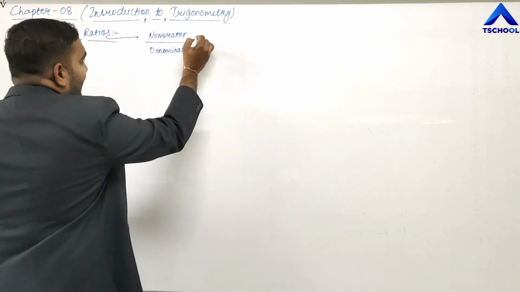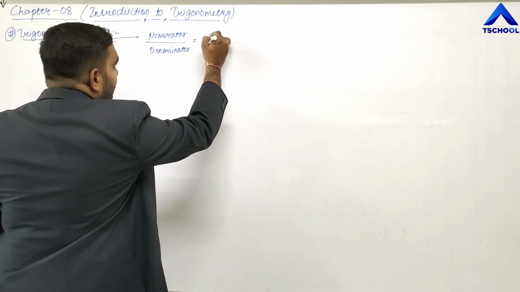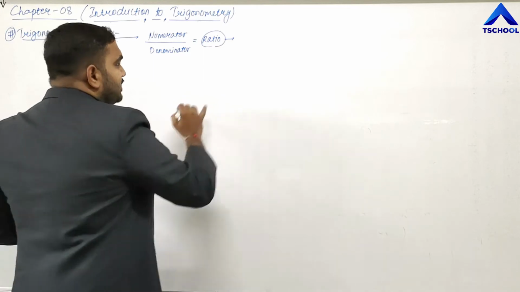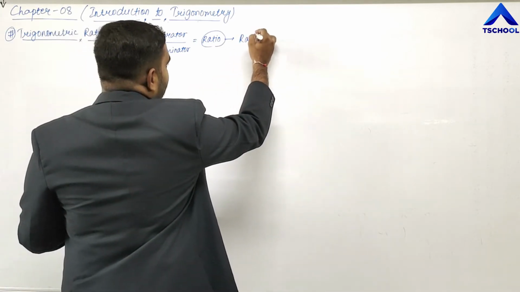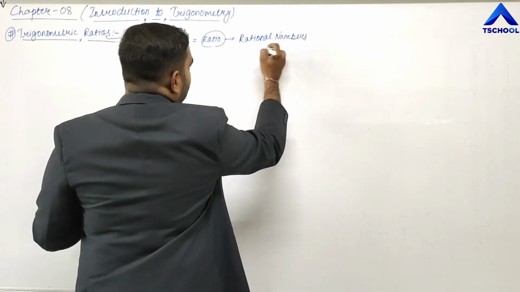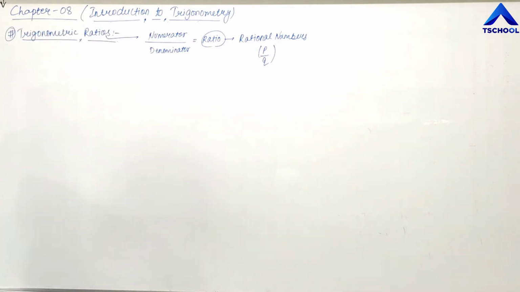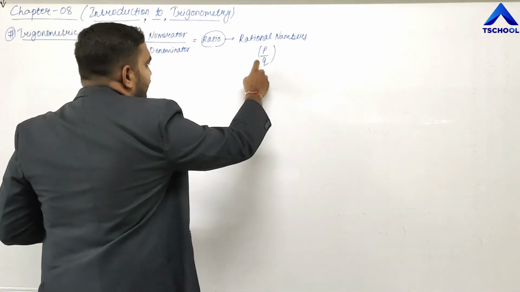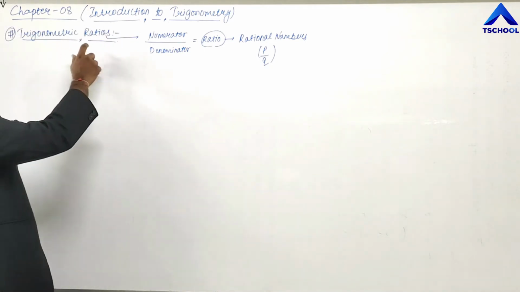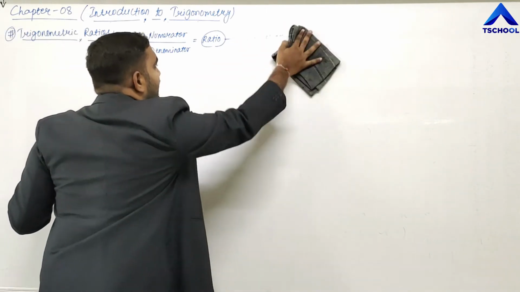And when we write this in the form of numerator upon denominator, that becomes a ratio. This word is used for rational numbers, which are denoted in the form of P by Q. So these rational numbers are again denoted in the form of a ratio P by Q or P upon Q, and that again comes from the word ratio, right? So that is about the trigonometric ratios.